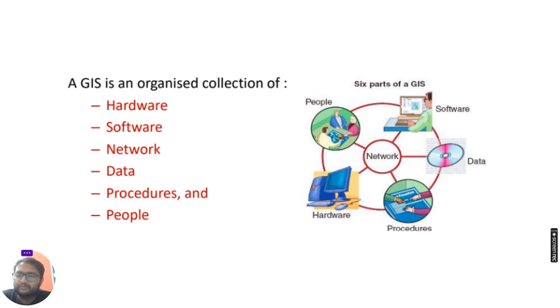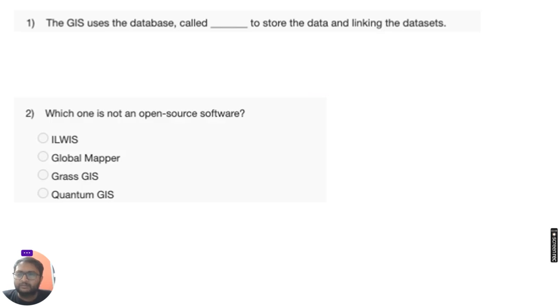Then the people who will do all that work and build different portals or applications so that other people can also use them, and it can be useful for decision making as well. So now, with this brief introduction about GIS, we will start our question and answer session.